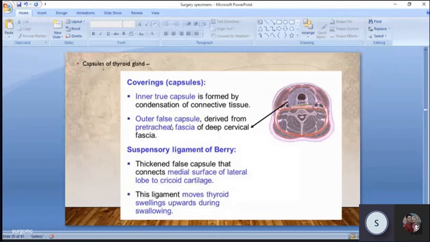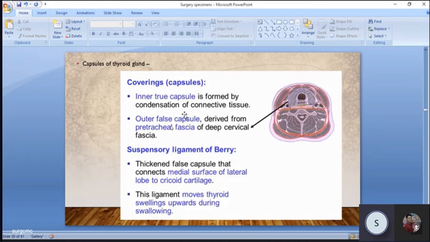There are capsules that can be asked to you: what is a true capsule and what is a false capsule. The inner capsule is the true capsule, which is formed by condensation of connective tissue, and the false capsule is derived from the pretracheal fascia of the deep cervical fascia, which engulfs the whole of the thyroid gland and attaches to the hyoid bone.